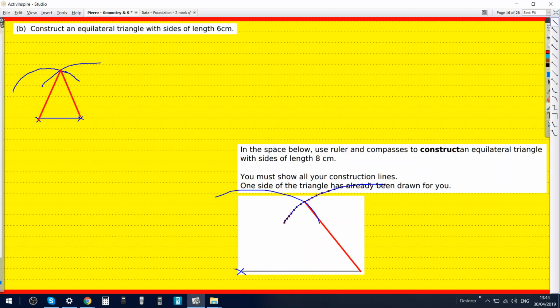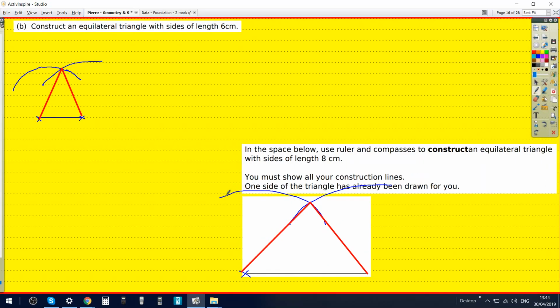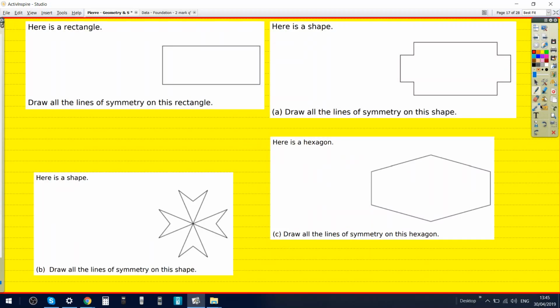If you did it all the way around, it would be a circle of radius 8. So every point is 8 centimeters away from here, and with the other one, every point on the circumference is 8 centimeters from there. Where they cross over is the one point where they're both 8 centimeters away. So all 3 sides are equal, although you don't need that.